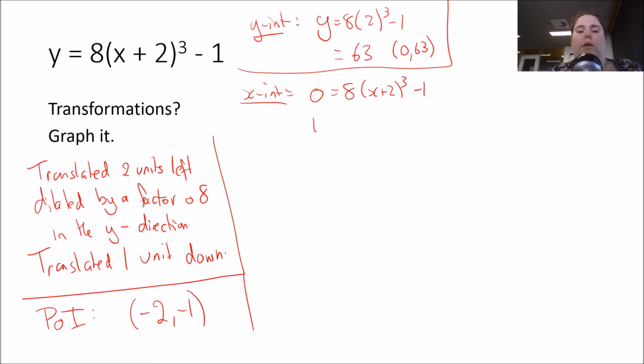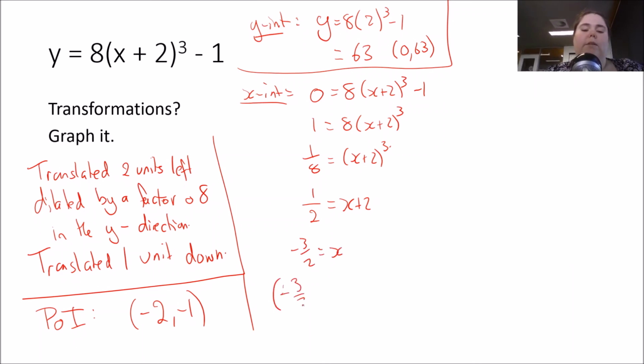So we're going to add 1 to both sides, then divide both sides by 8. Then we're going to cube root both of them. So cube root of 1 is 1, cube root of 8 is 2, and then we're going to take 2. So we get -3 on 2 equals x. So once again, there is only one x-intercept for a point of inflection graph.